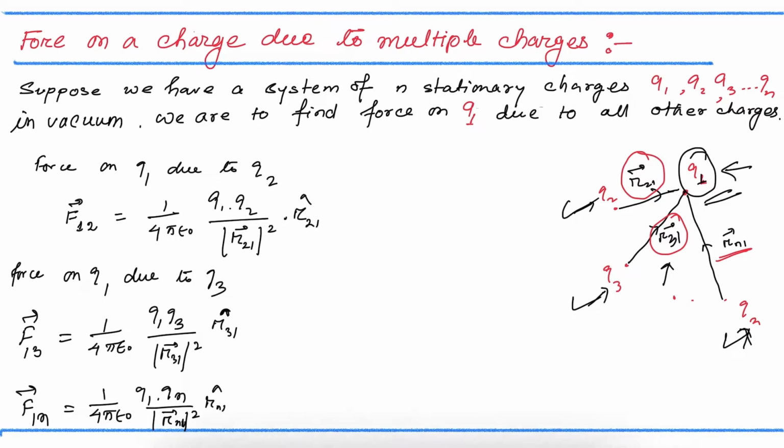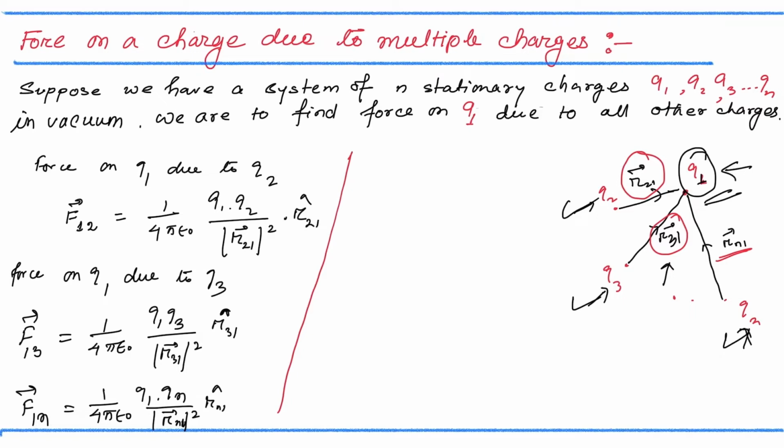And to find the total force, the net force, let me draw a line here. How to find the net force acting on this charge Q1? Okay, how to find that?